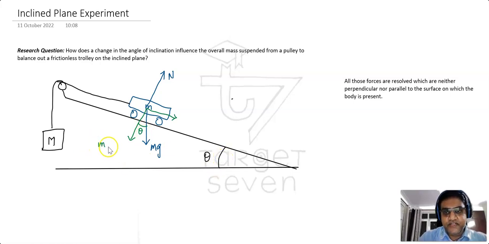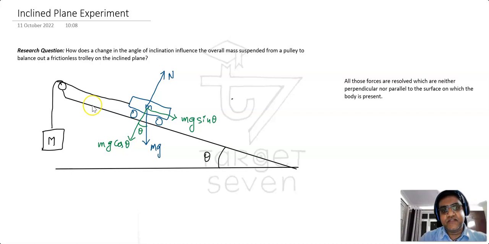Therefore, this component, which is perpendicular, would become mg cos theta, and the one which is parallel to the surface would be mg sin theta. So I'm considering to ensure that this particular trolley is balanced or is in equilibrium position so that it does not move up or down, it continues to remain at rest.